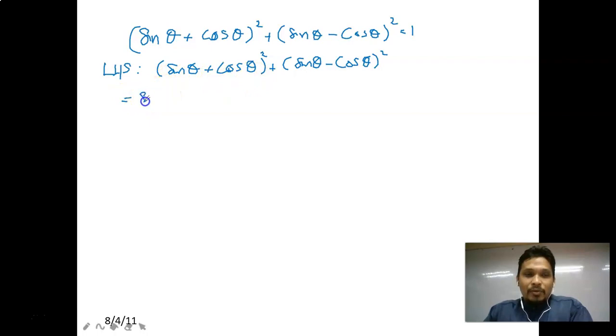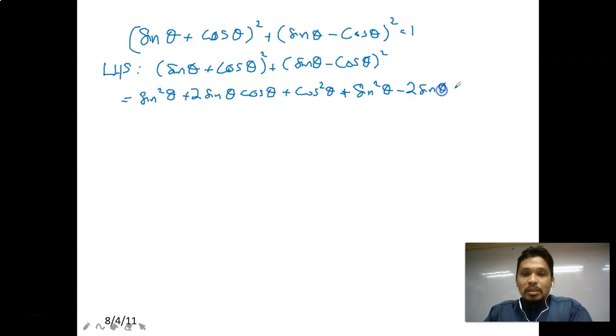It gives you sine squared theta plus 2 sine theta cos theta plus cos squared theta, and the expansion of sine theta minus cos theta in bracket squared equals sine squared theta minus 2 sine theta cos theta plus cos squared theta.